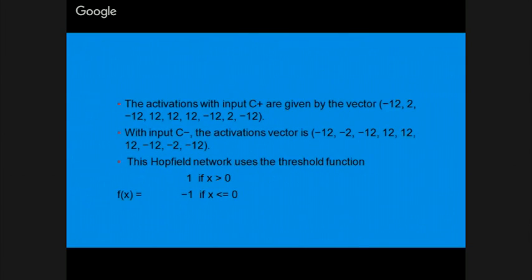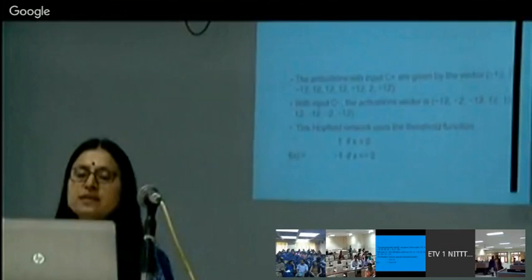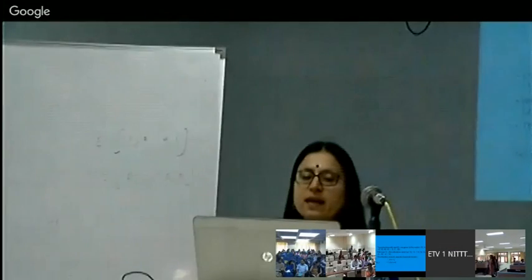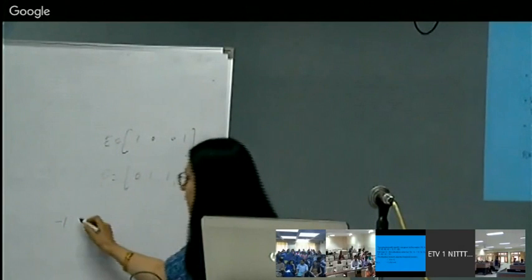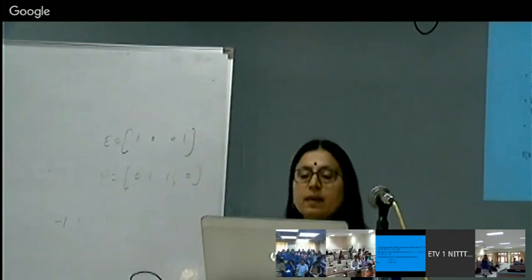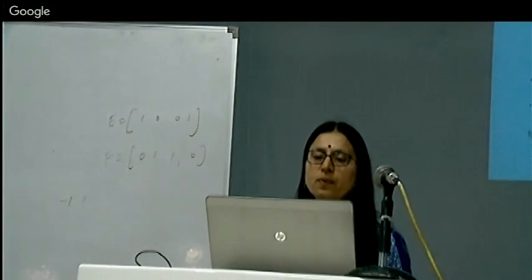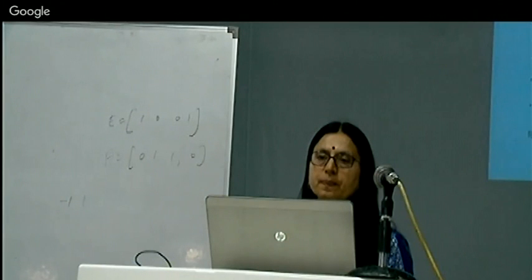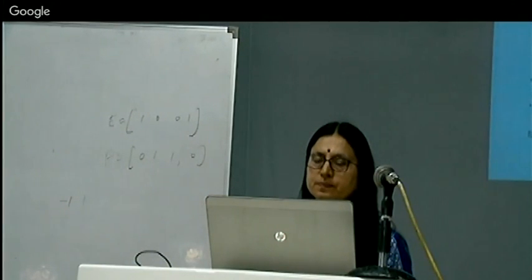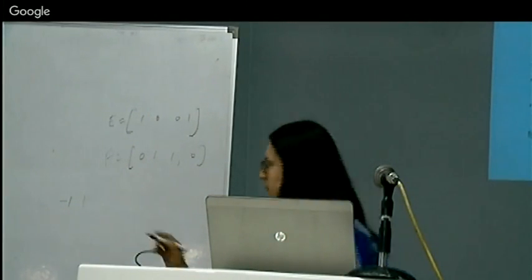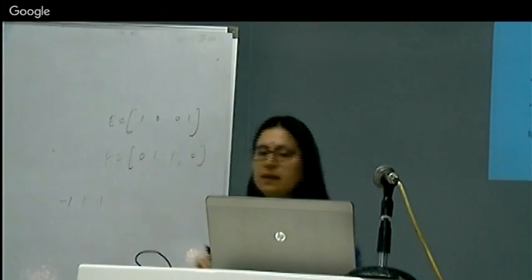What will we get for 2? Since 2 is greater than 0, we will get a 1. So the next value would be 1. Then the next activation is -12 for the third neuron, so the output will again be -1.